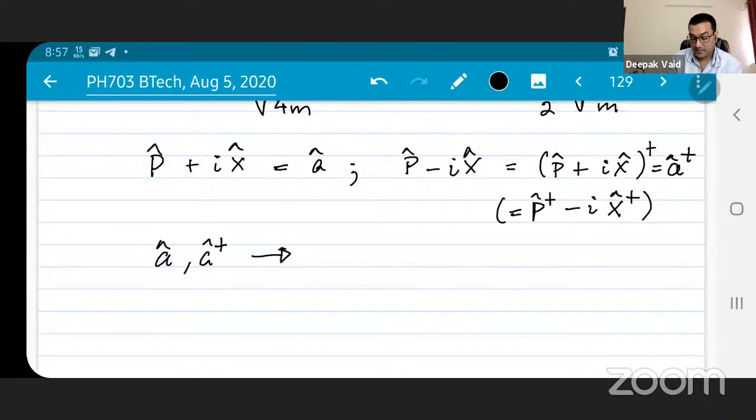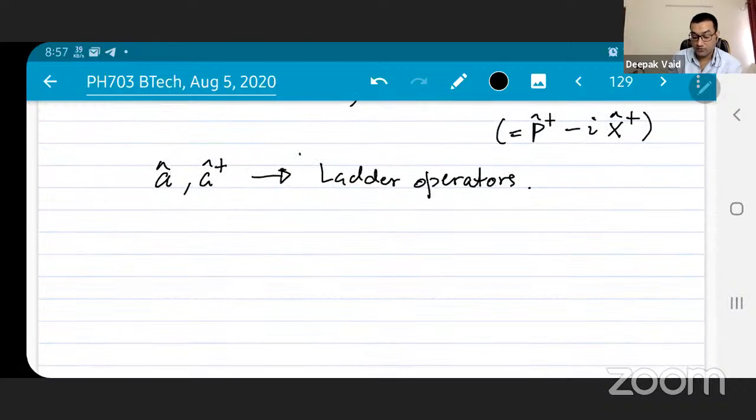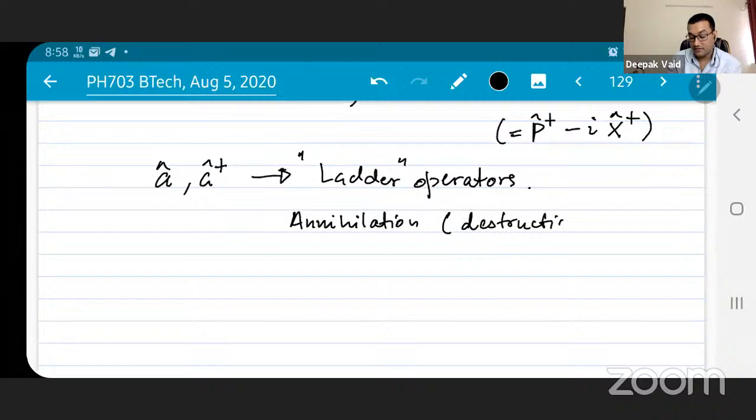There are different names for these operators. They are known as ladder operators, also known as annihilation or destruction, and creation operators.